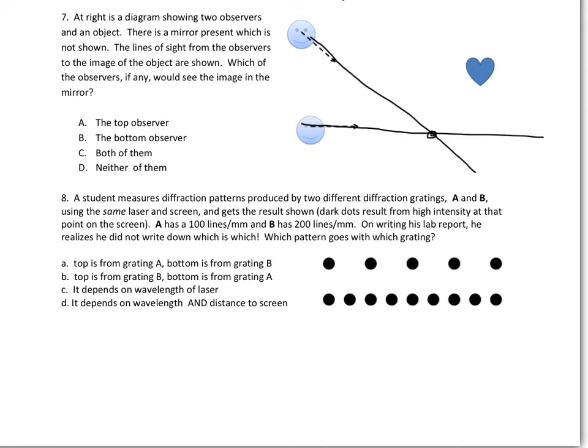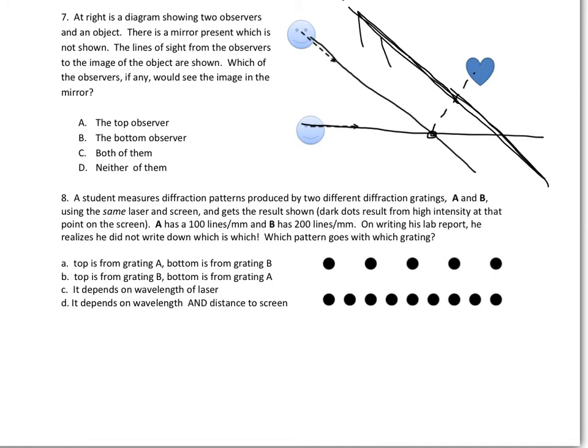Now to determine the location of the mirror, we use the fact that the image location is located directly behind the mirror on a line which is perpendicular to the mirror, and the mirror is halfway between the image, this is the image, and the object. So that would be about right here, and perpendicular to that would be roughly this way.